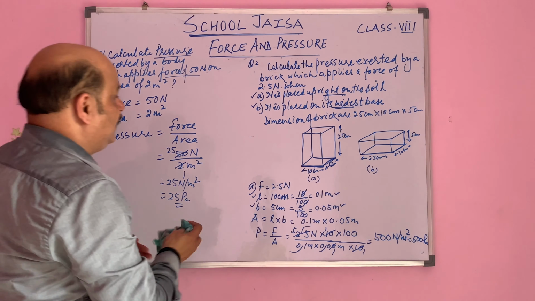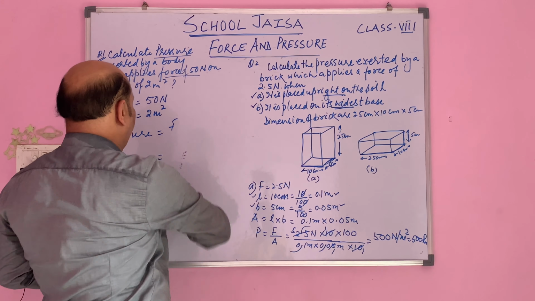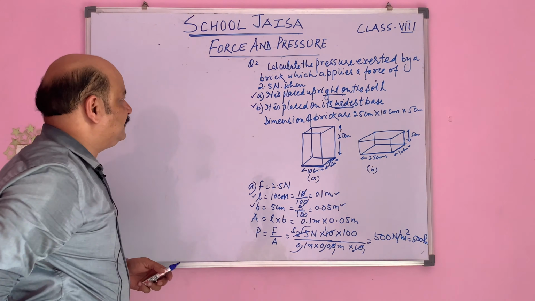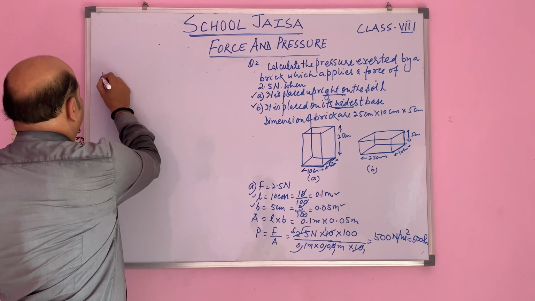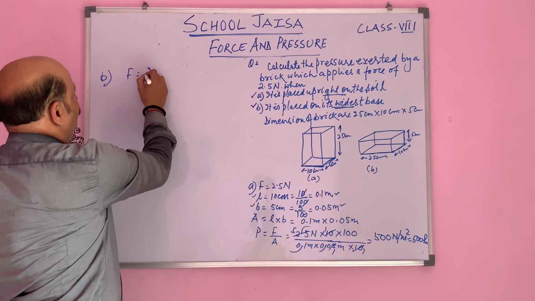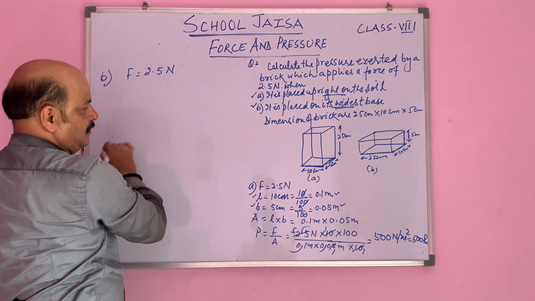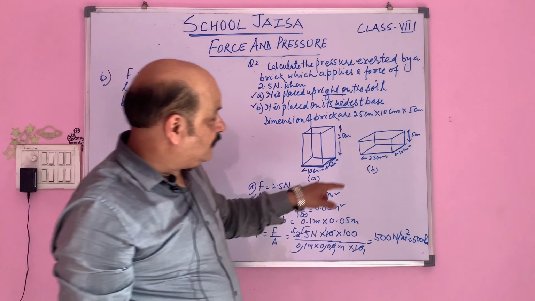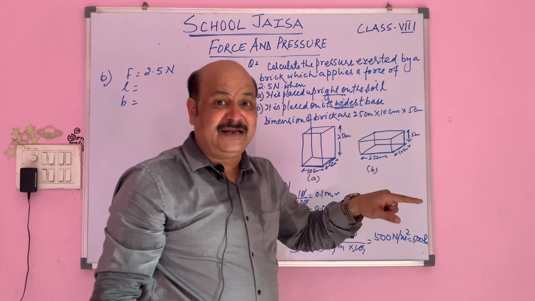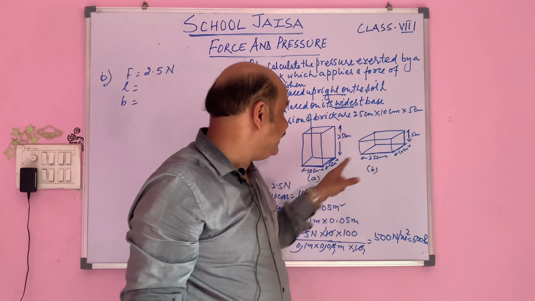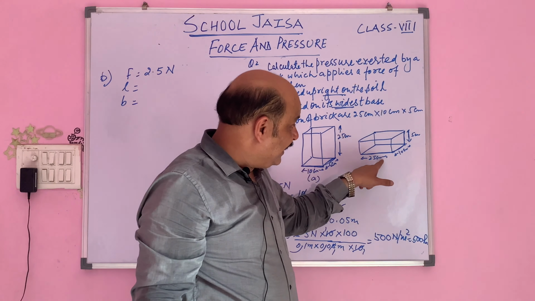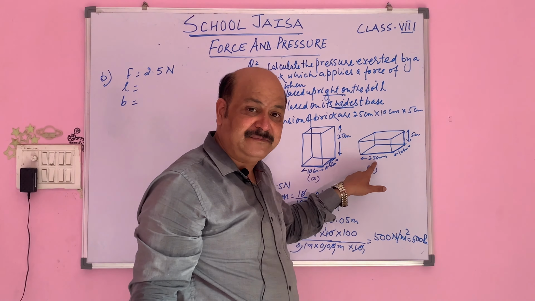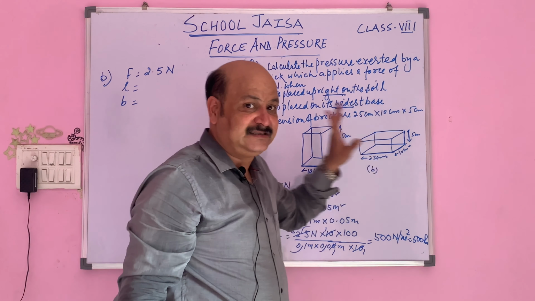So when we say B part, I shall rub this portion. In order to calculate the B part, again we are taking the force as 2.5 Newton as it is, but when we take the length and breadth, we have to see that the area which is coming in contact with the soil is different compared to this one. Here the area in contact has a length of 25 centimeter and breadth of 10 centimeter.